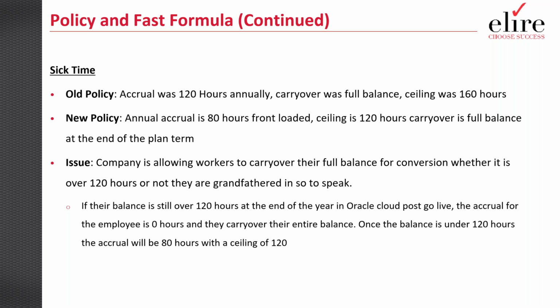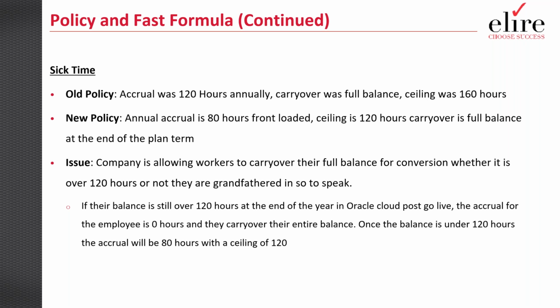So the issue is that anyone that was over 120 hours prior to conversion, because their ceiling was previously 160 hours. So we've got people that are at 160, 145, everywhere between that and 120. Those people are essentially grandfathered in. And so if they're over 120 hours, their accrual is going to be 0.